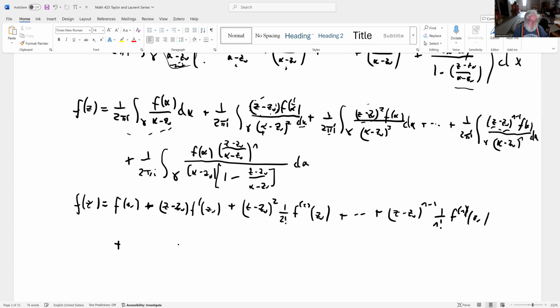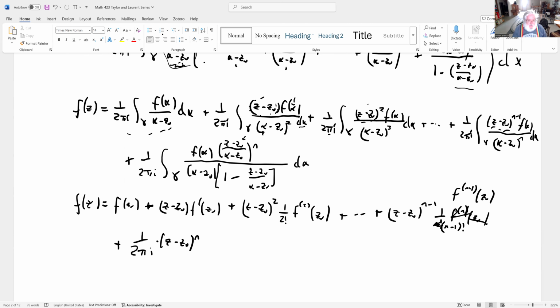And then we have the annoying remainder term. So I can factor out the z minus z naught to the n. That's the n minus 1 derivative at z naught, and this is over n minus 1 factorial.